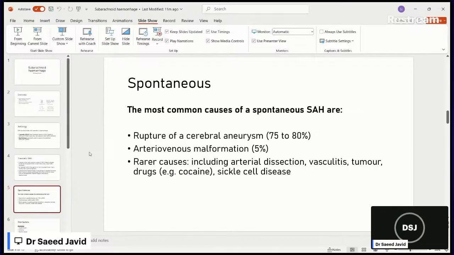Oftentimes it's quite sad: you can have patients that come in with a spontaneous subarachnoid hemorrhage, and you realize it's secondary to the rupture of a cerebral aneurysm that was previously undiagnosed. Aneurysms usually form at the sites where blood vessels bifurcate or merge.